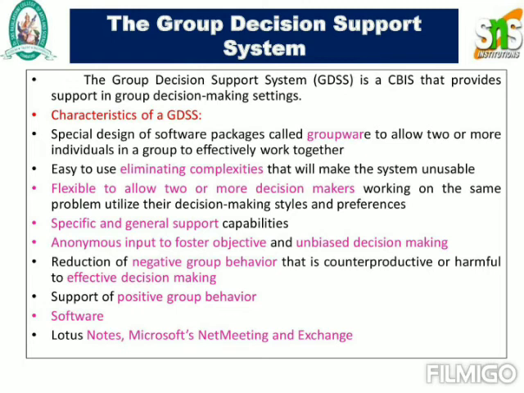Flexible, to allow two or more decision makers to work on the same problem, utilizing their decision making styles and preferences. General and specific support capabilities. Anonymous input to foster objective and unbiased decision making. Reduction of negative group behavior that is counterproductive or harmful to effective decision making.